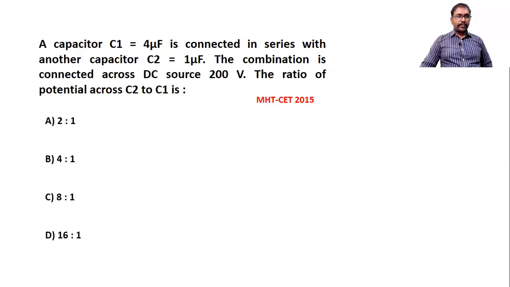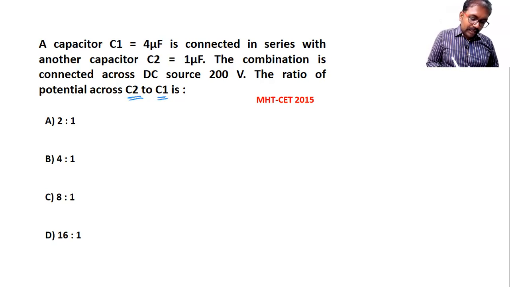Now next, a capacitor C1, which is 4 microfarad, is connected in series with another capacitor C2, 1 microfarad. The combination is connected across a DC source of 200 volt. Find the ratio of potential across C2 to potential across C1. So let me draw a diagram here.